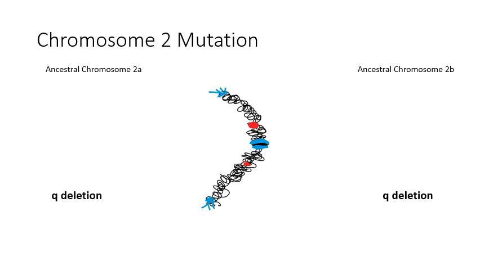Anyhow, what happened here was a deletion of the long arm on ancestral chromosome 2A and ancestral chromosome 2B, leaving humans with only the P arm of the past two chromosomes. And if this is true, what we should see really, I would think, is some vestigial evidence for that, right?